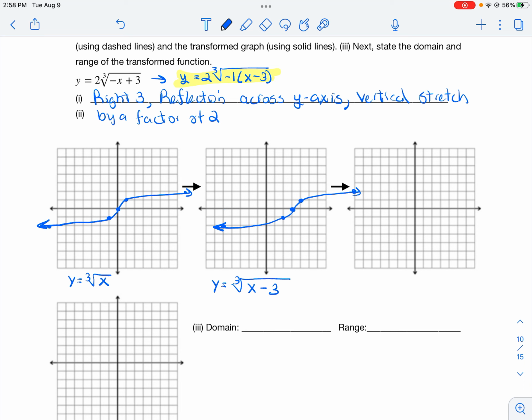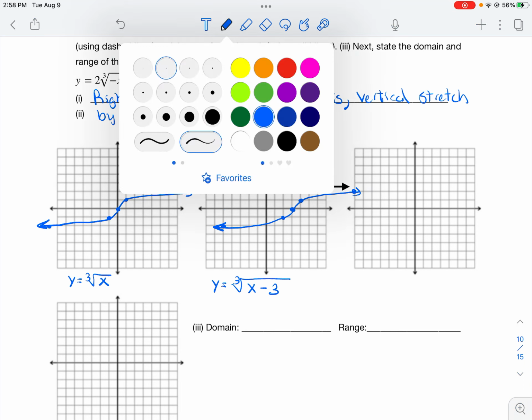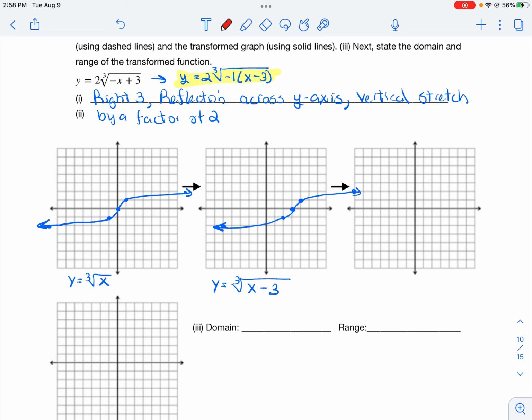Next, let me change the color so this doesn't start bleeding into each other. Now we're ready to do our reflection across the y-axis. So that's going to be y is equal to the cube root of negative x plus 3. So our previous graph, our main point was at 3, 0.